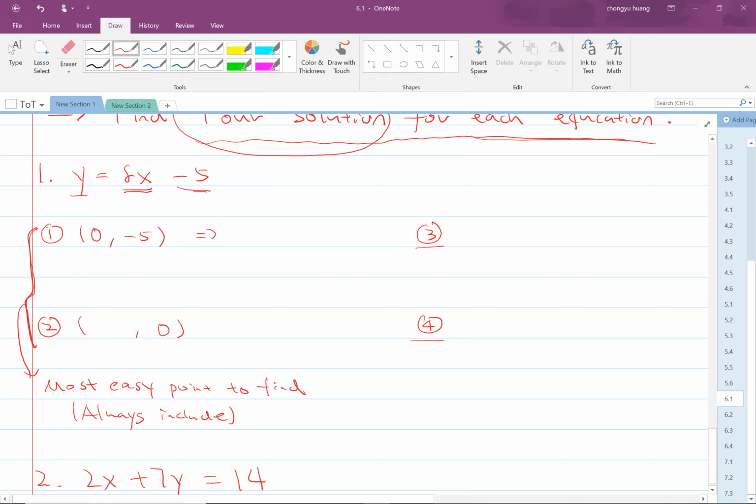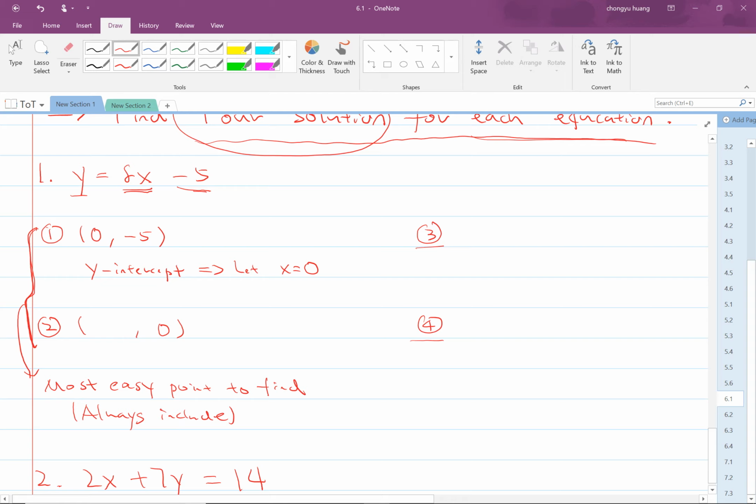The first point is the y-intercept, and how you find the y-intercept is you just let x equal to 0. It's as simple as that.